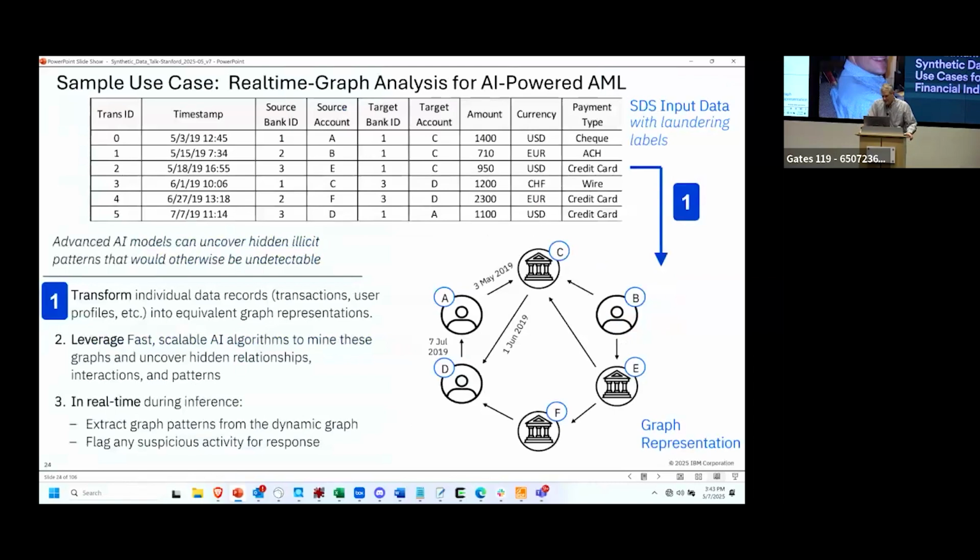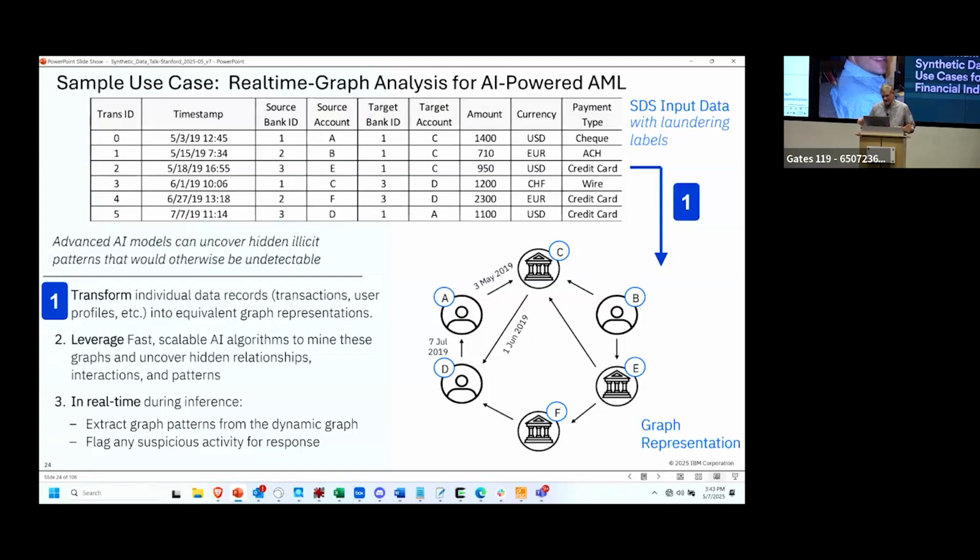Just to go into a little bit more detail, here's an example of a model. Again at the top is a table with some banking transactions, and the focus here is money laundering. A natural thing to do is to convert this table into a more graph-like representation that you see at lower right, where the nodes are quite naturally the different accounts, and the edges are transactions between those accounts.